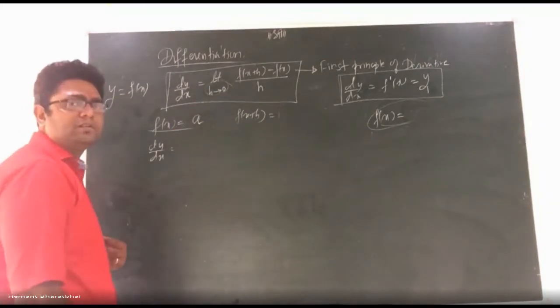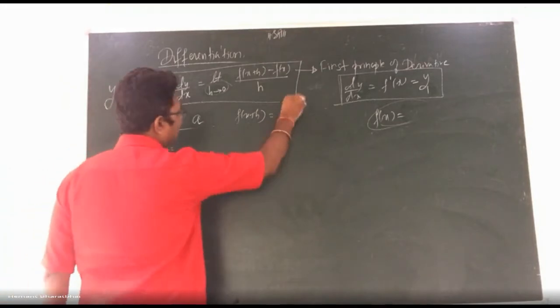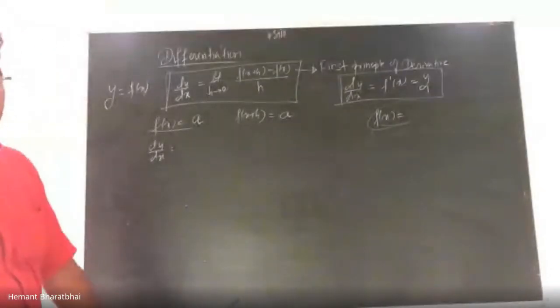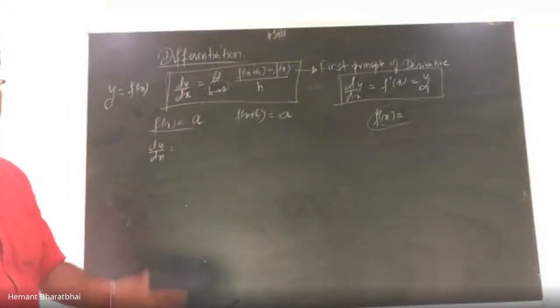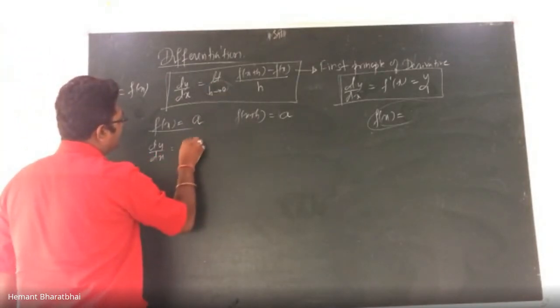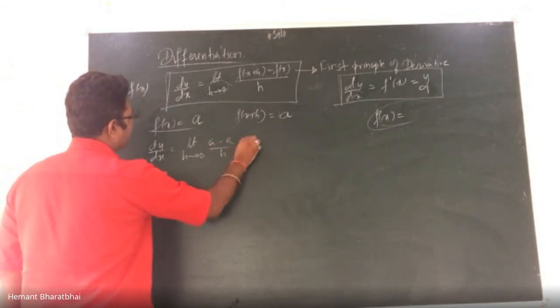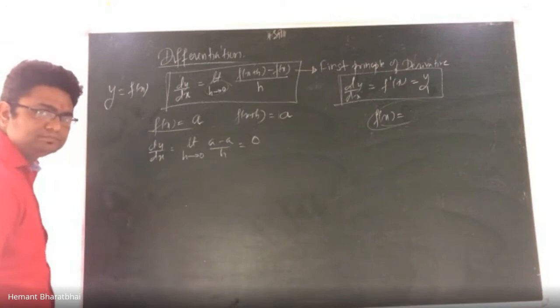Let me take any constant. My f of x is a constant a. So my f of x plus h will also be nothing but a only, because there is no x where we are going to do x plus h. My derivative by this will be limit of h tends to 0 of a minus a upon h, that is 0.